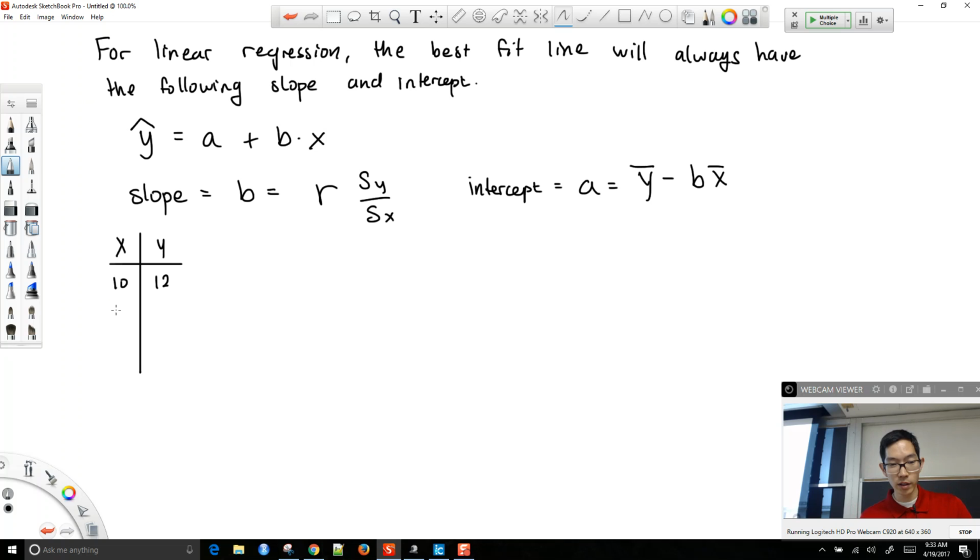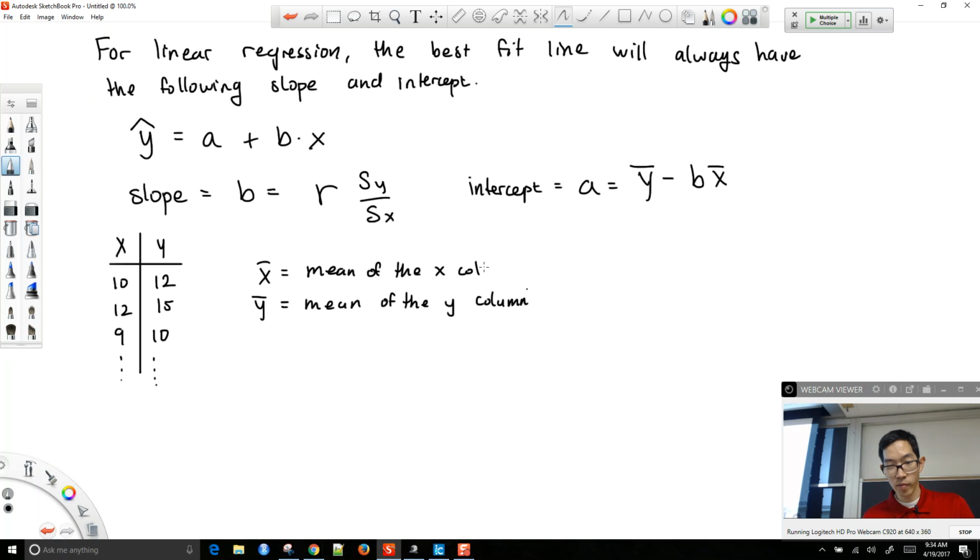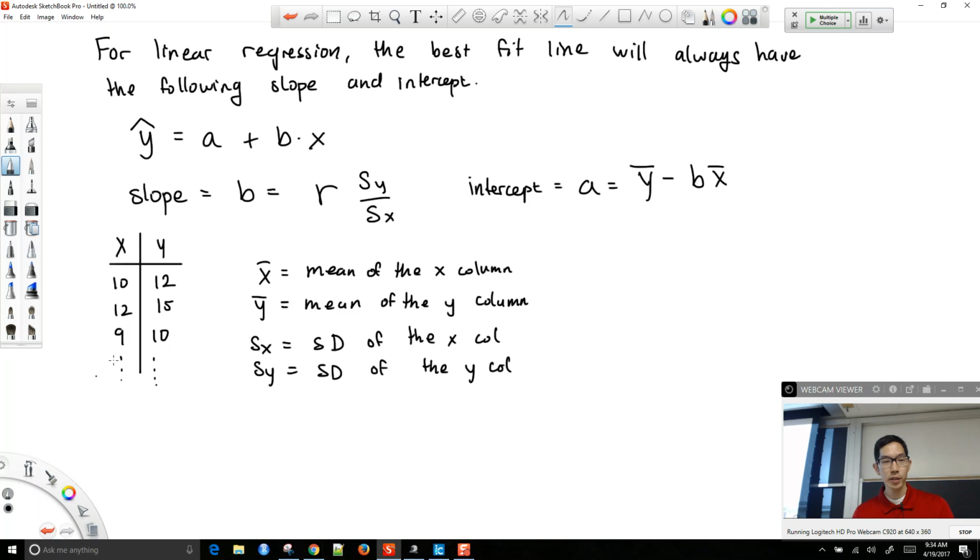Y bar is the mean of the y column. sx is the standard deviation of the x column, and sy is the standard deviation of the y column. Okay, so given your numeric variables, all you have to do is find the mean and standard deviation of your x column, mean and standard deviation of your y column, and then r is the correlation between x and y.